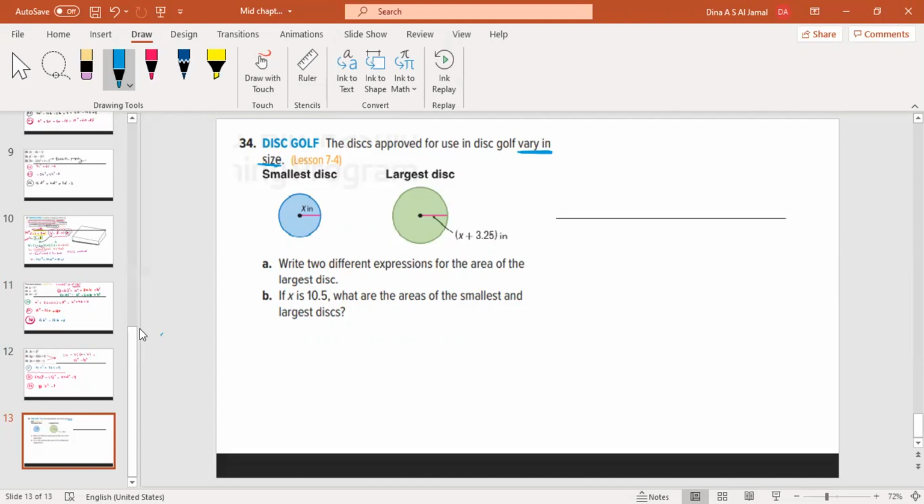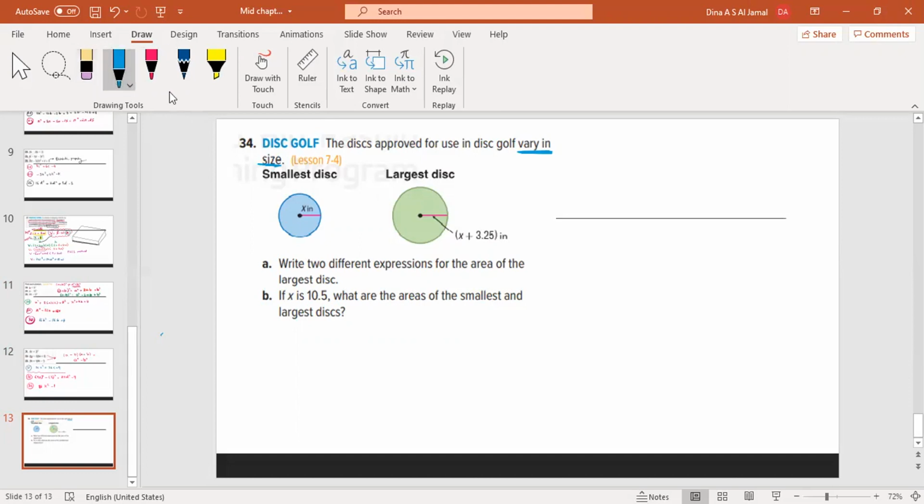So he would like you to write two different expressions for the area of the largest. Good. That means he would like you to focus on the area of the largest one. So let's focus now. Then he told you, what if it was having x as 10.5? What are the areas of the smallest and the largest? So he started even to ask you about the smallest.